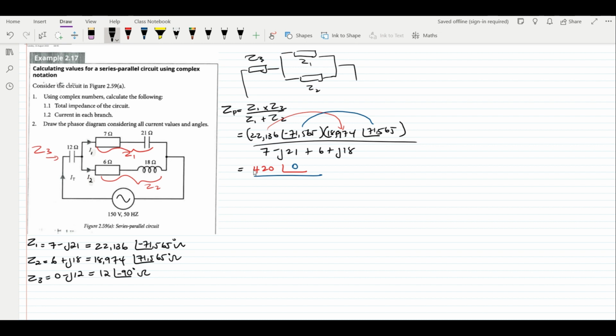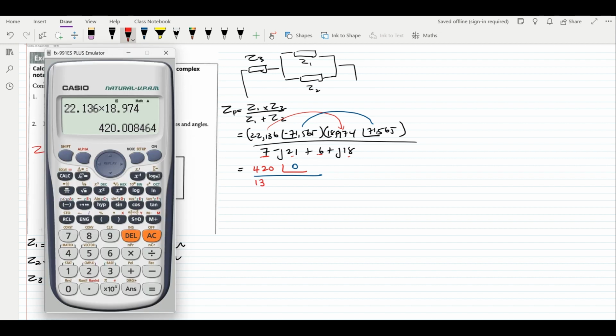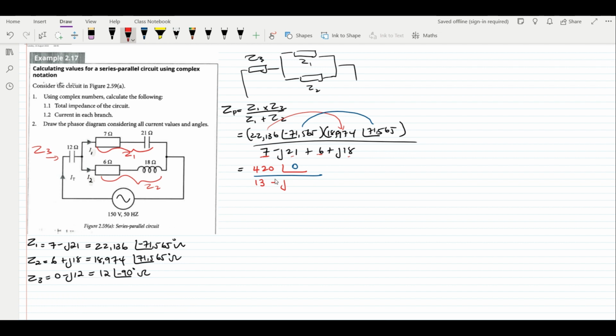And then we want to work with the x and the y parts. So we can see that 7 plus 6 should give us 13. And then we have minus 21 plus 18, which should give us minus J3.